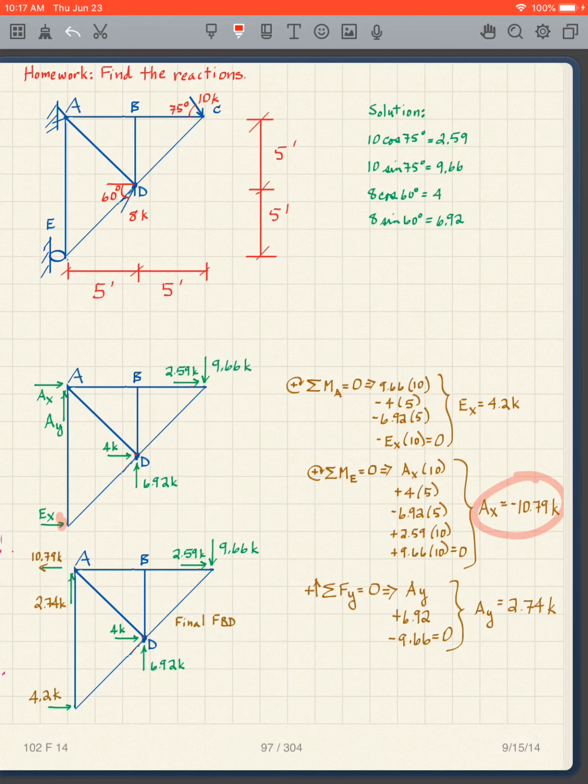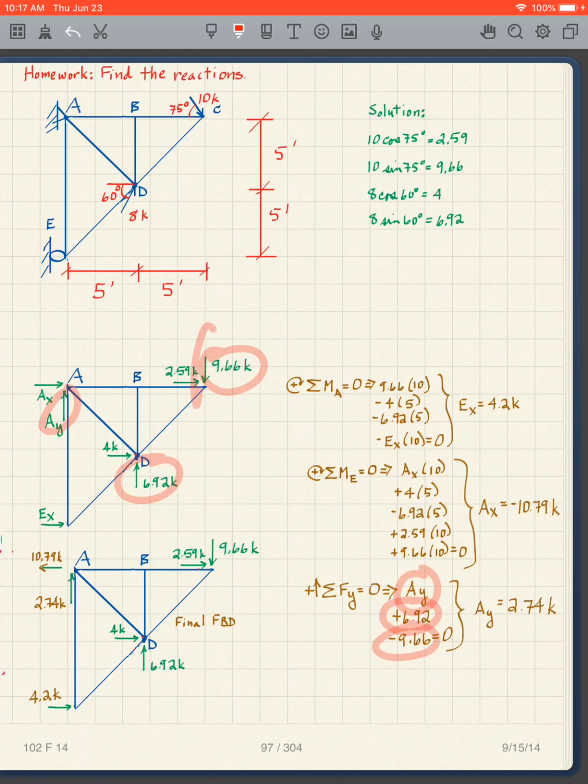I solve that, I get AX is equal to negative 10.79. And I'm going to take the sum of the forces in the y direction equals 0. So I have AY, the 6.92 is upward, so it's positive.